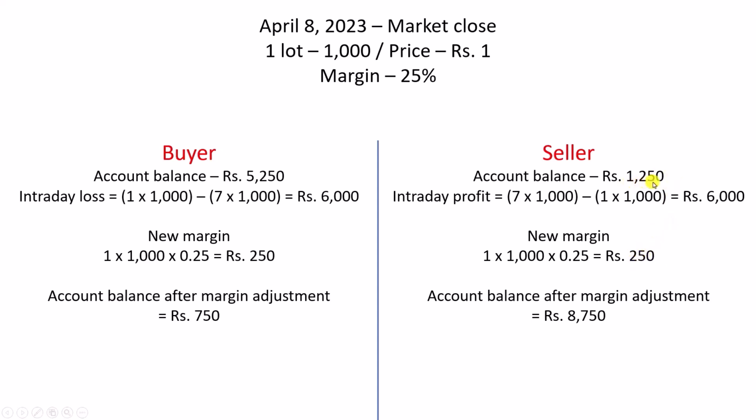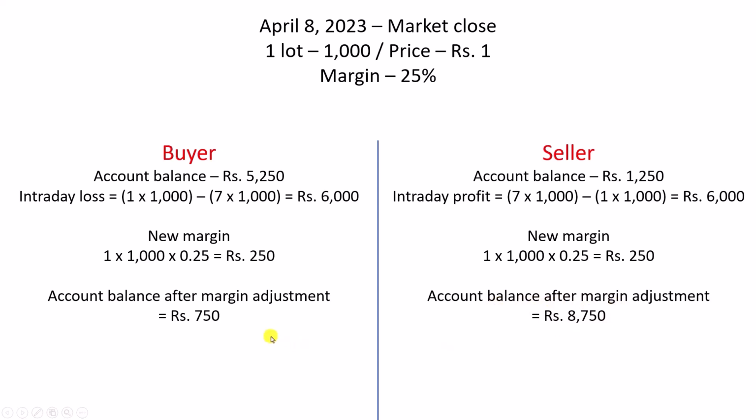So 1250 plus 1500 and then the profit. So add this too. So 6000 plus 1250 plus 1500 that has come back from margin gives you this much. Okay. So this is the account balance after margin adjustment.